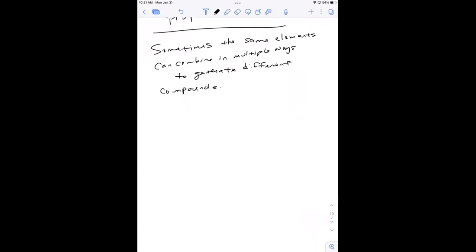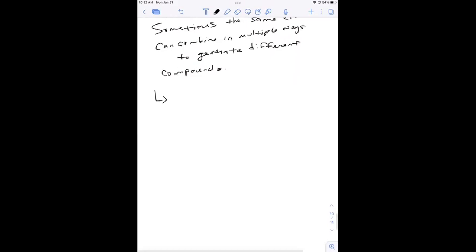So what this law of multiple proportions tells us is if you have a fixed mass of one of those elements, the ratios of the other element, the second element that's used to make a compound, will always be reducible to small whole number ratios. I know that sounds like a lot, but when we look at the example, I'm going to make that a little plainer.